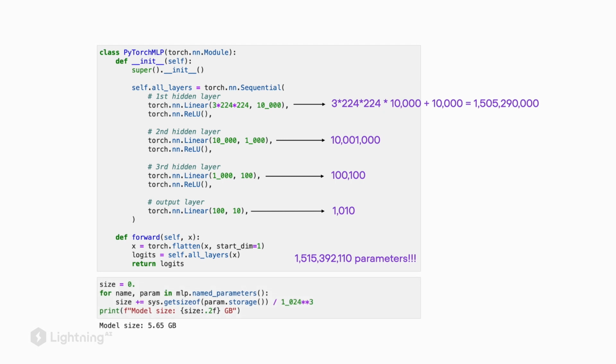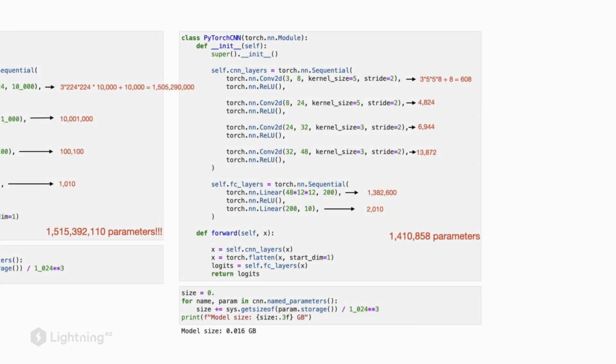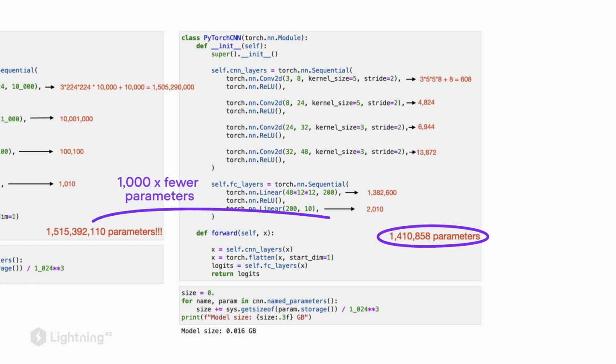If we look at the memory footprint, that would be 5 gigabytes of weights that we have to store. In contrast, if we develop a convolutional architecture for 224 × 224 color images, the size of this convolutional network would be just 1.5 million parameters. That's 1,000 times fewer parameters compared to the fully connected network.